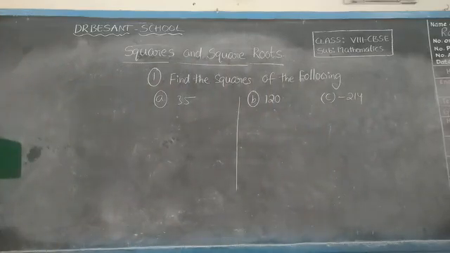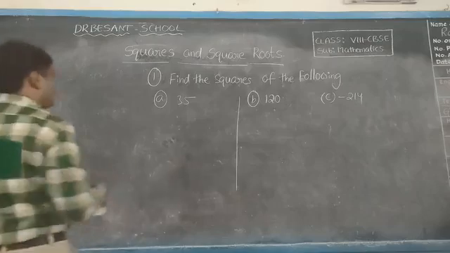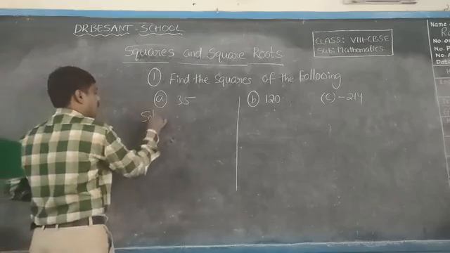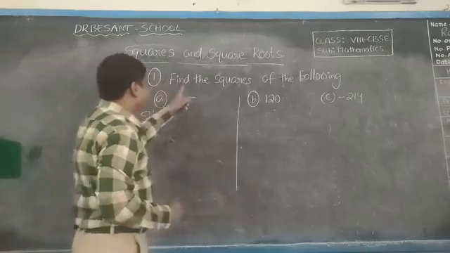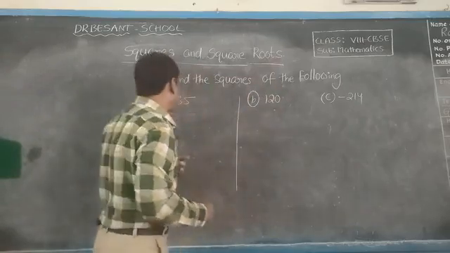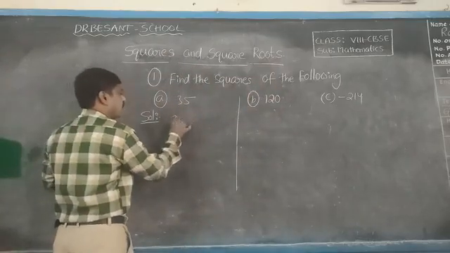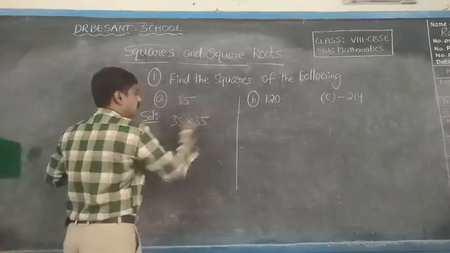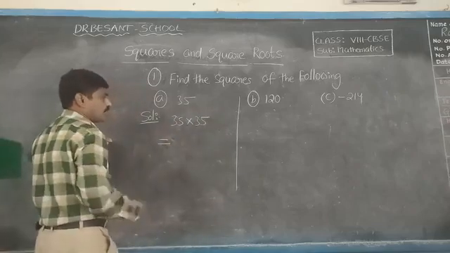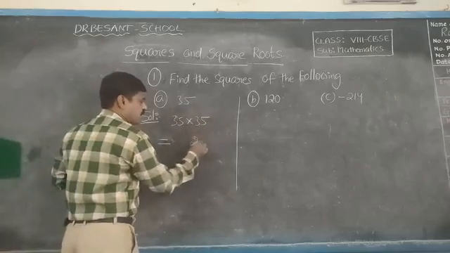Okay. So first of all, 35. Solution: find the squares of the following. That means 35 into 35. So we know that 5 fives are 25, shortcut method.